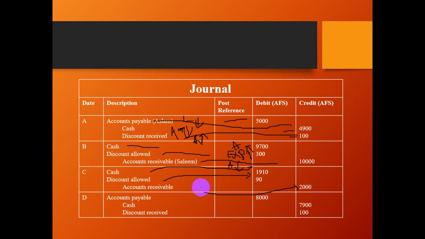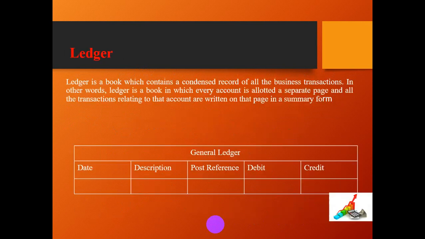So here accounts payable is 8,000. We needed to pay 8,000, but we paid cash 7,900 and received a discount of 100 rupees. This is how to record the transactions for the treatment of discount, whether it is trade discount or cash discount.